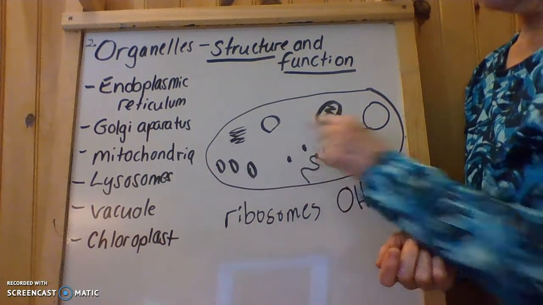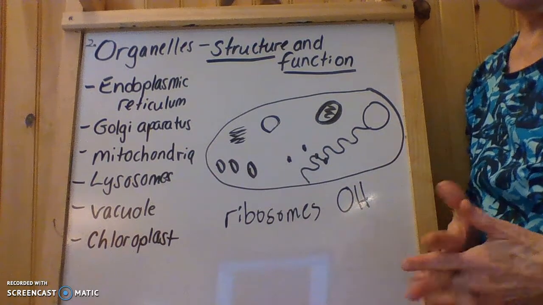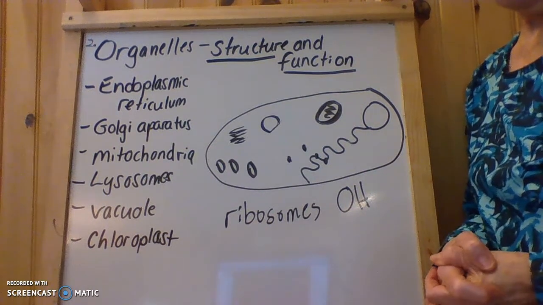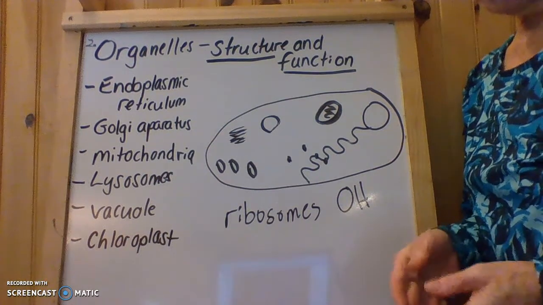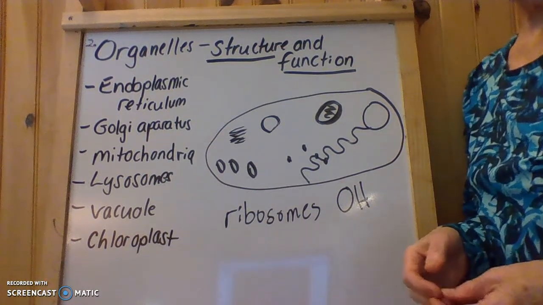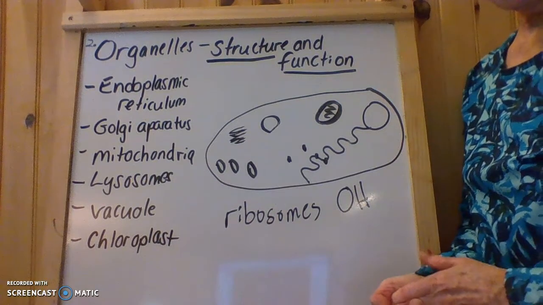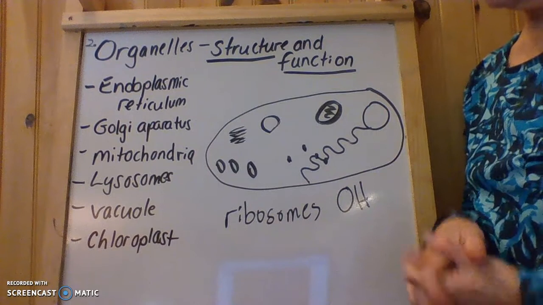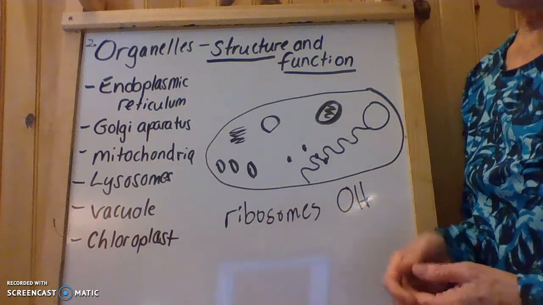So again, it helps break down debris within that cell. It can actually recycle some of the material that it breaks down as well. And third, it is what is called programmed cell death. So if the lysosome is given a signal that something has gone wrong with the cell, or the cell should have been mistaken to begin with, it can actually cause the cell to break down, apoptosis, and kill itself.